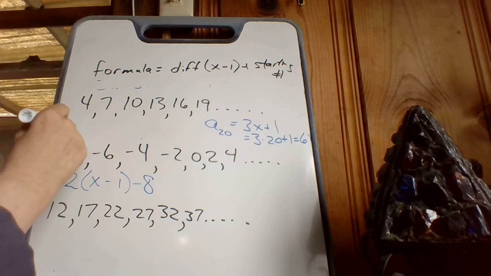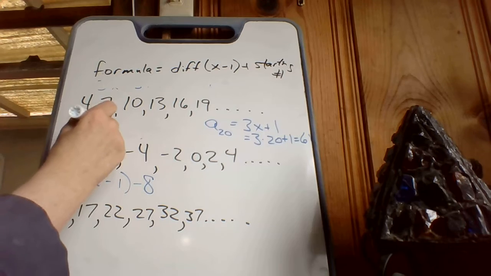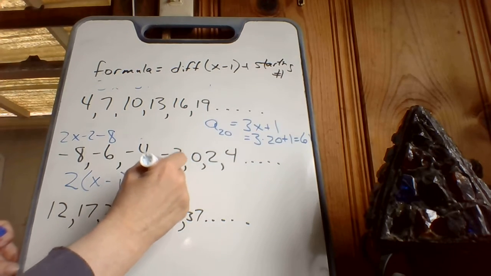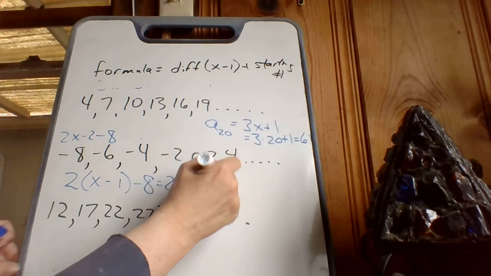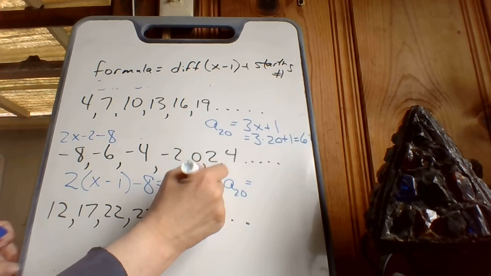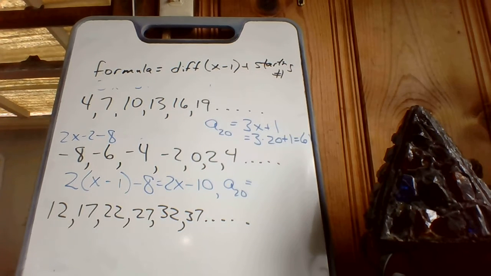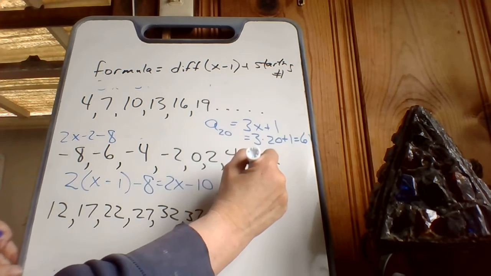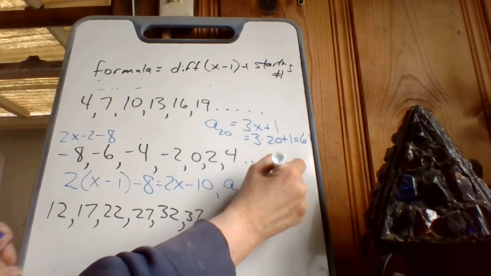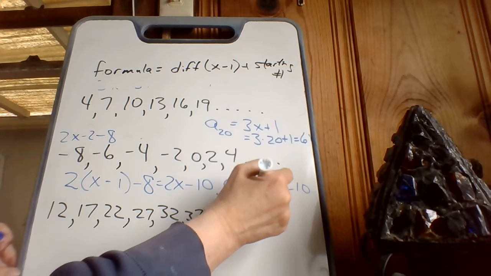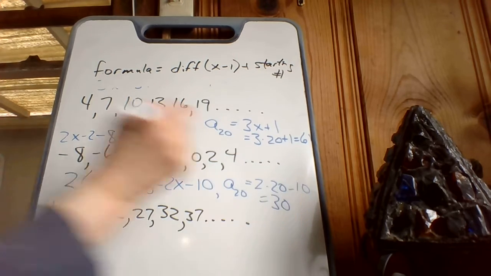So 2x minus 2 minus 8. All right, so 2x minus 10. Okay, and then I need to find my 20th number. So 2 times 20 minus 10, 40 minus 10, that's 30.